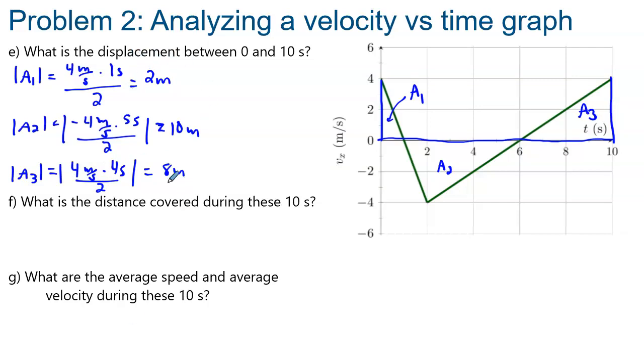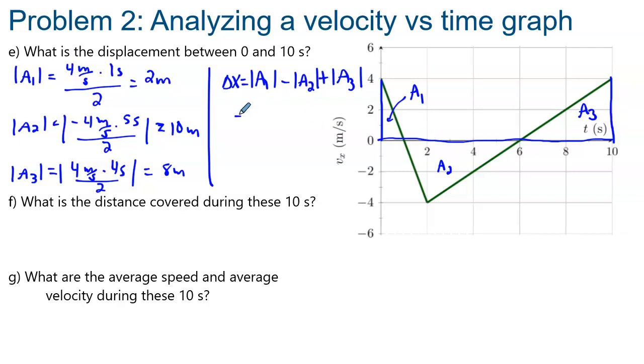So once we have these areas, the only thing left to do to find the displacement is to add the areas that are on the positive side of the velocity and subtract the areas that are associated with negative velocities. So in here we would add A1 and A3, but we want to subtract A2.